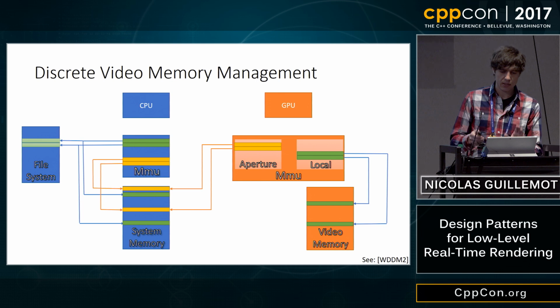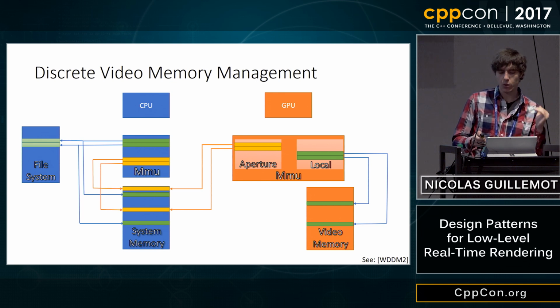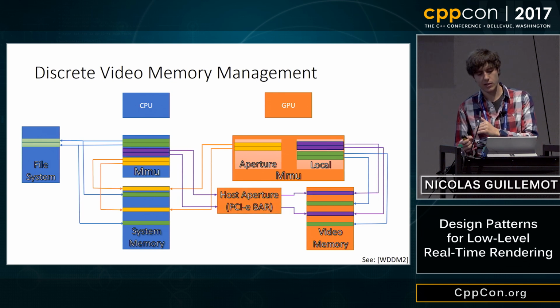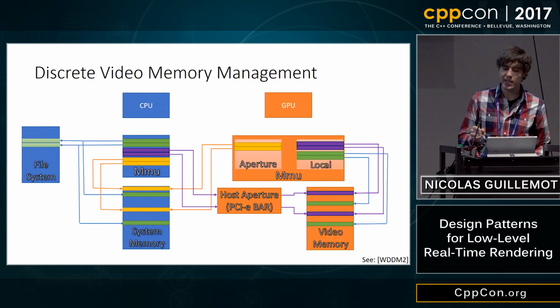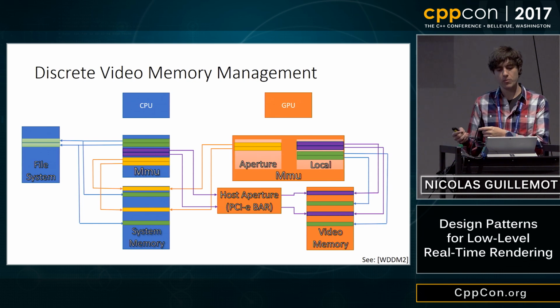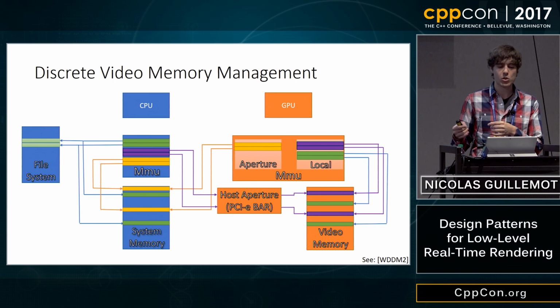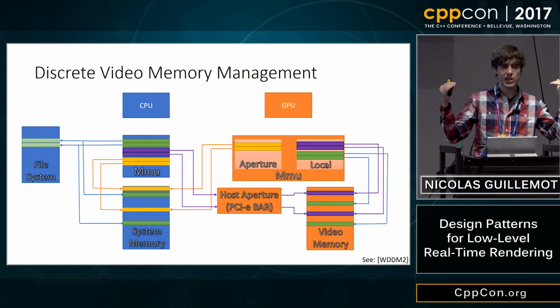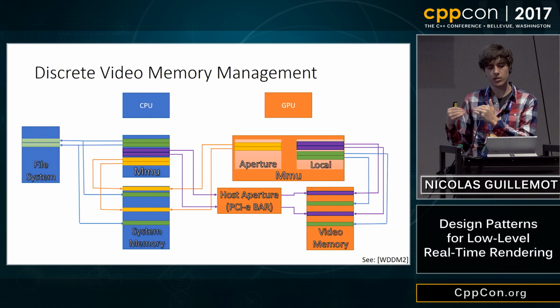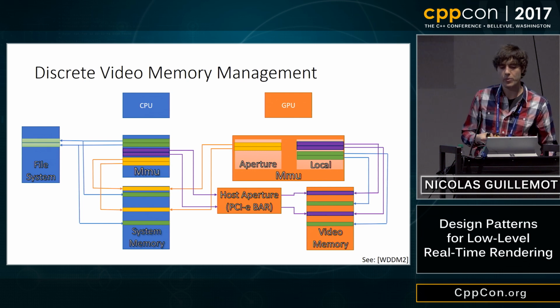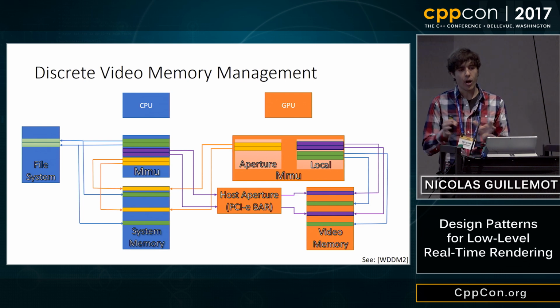And we can actually go one step further and do this the other way around. So in this case, if you look at the purple boxes that have just appeared, the physical memory is in video memory. And we have the same kind of situation where the CPU and GPU each have virtual addresses that point to the same physical memory, but this time the physical memory is on the GPU side. So just to see that these scenarios are all possible.